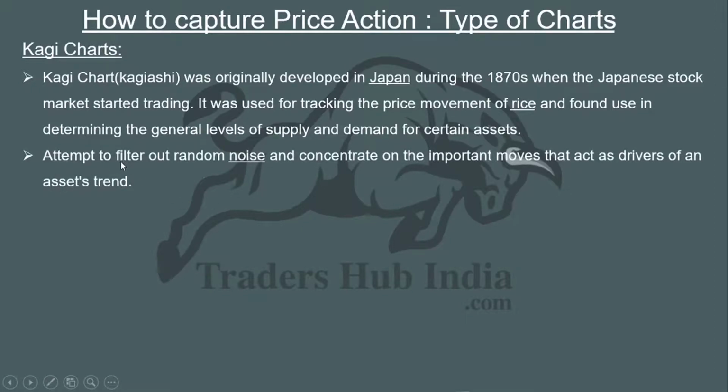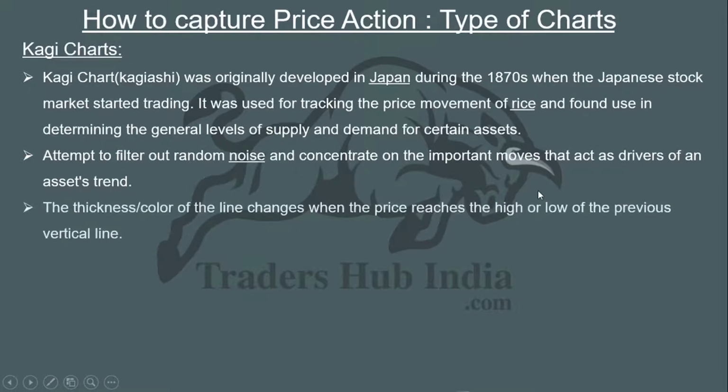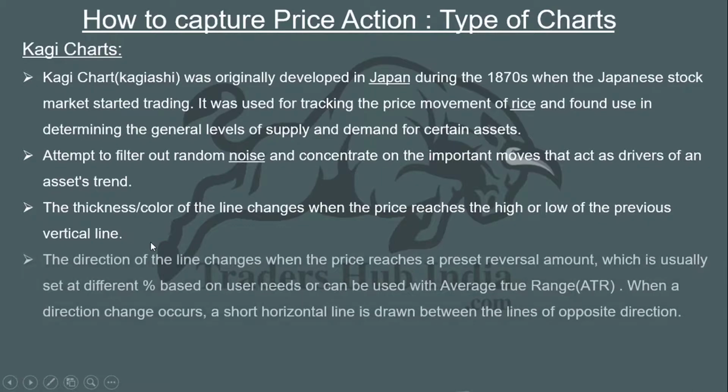It attempts to filter out random noise and concentrate on the important moves that act as a driver of an asset trend. The thickness and also color of the line changes when price reaches the high or low of the previous vertical line.